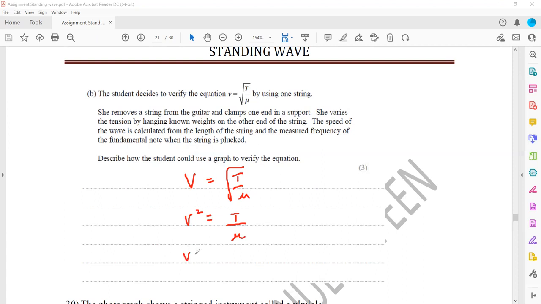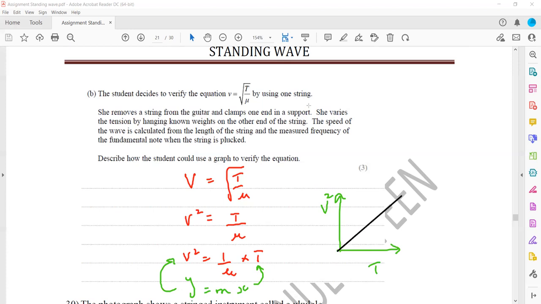Or if I rearrange, V squared equals 1 over mu into T. Then we compare with the equation of a straight line, y equals mx. If the student plots V squared on the y-axis and the tension on the x-axis, what will be the gradient? The gradient of this line will be 1 over mu.